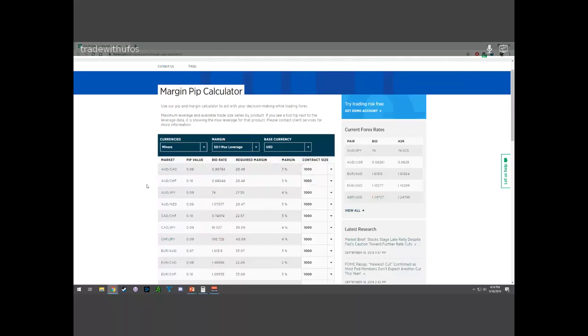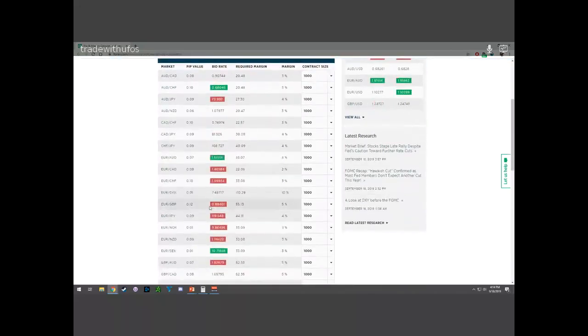So now we want to scroll down to the euro pound. So all the way down here, euro pound, it's saying the pip value is 12 cents. Why is that? That's because we are in a micro contract size setting. We want to increase that to a mini, which was our example. So instead of 1,000 contracts, which is the micro size, we increase it to 10,000, which is the mini size.